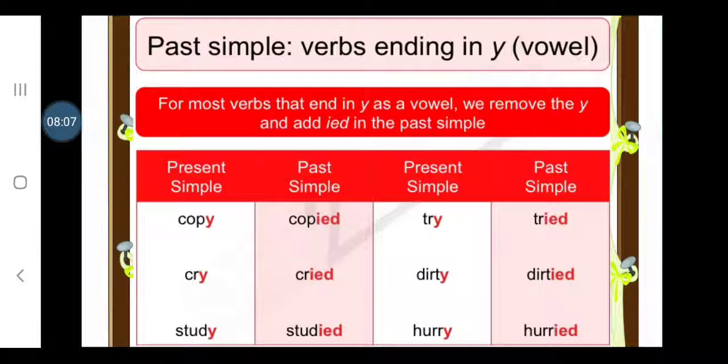So once it enters the past simple, you change the Y into IED. It needs to change form. For the present it will be S, but this one we are talking about past tense. So you need to change the form and add D at the end. Simply change Y to IE, and you choose whether you're talking about present or past tense. For past tense, that's our focus, so you add D.